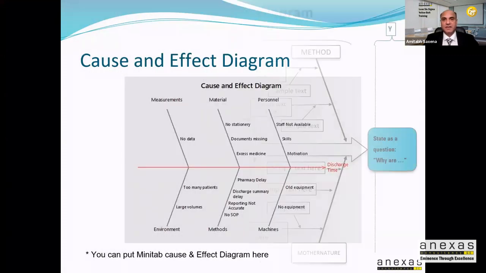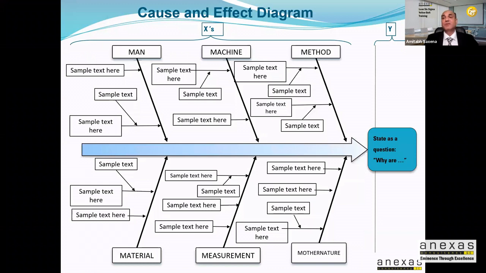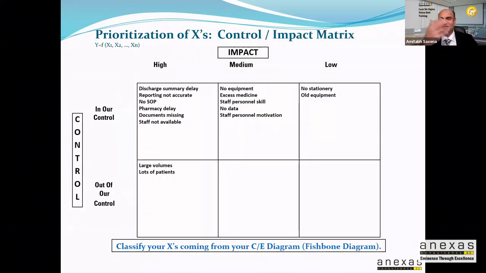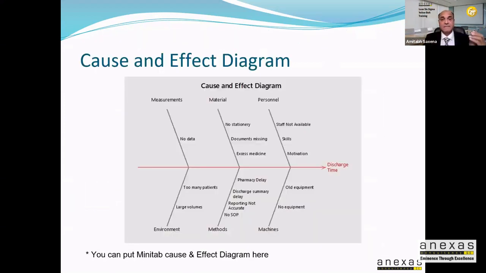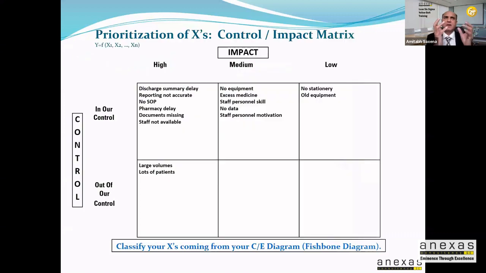So we were here, we did a cause and effect diagram. There is one more tool. Okay, learn one more tool, why not? Out of all the causes, I would like to classify them: high impact, medium impact, low impact. And they have classified them into in our control and out of our control.